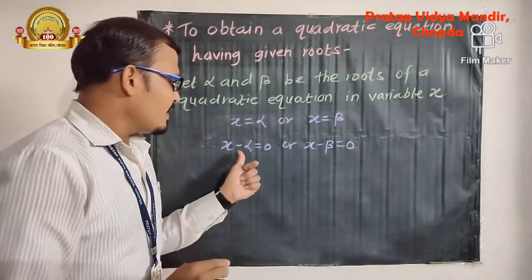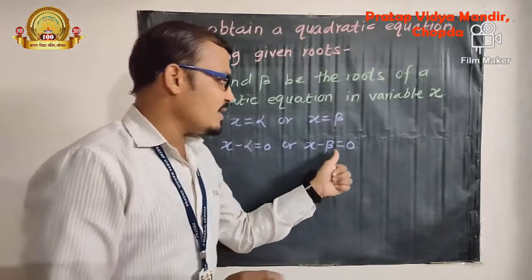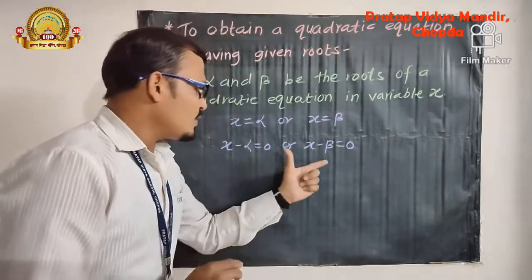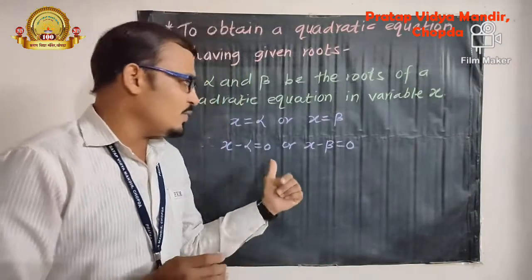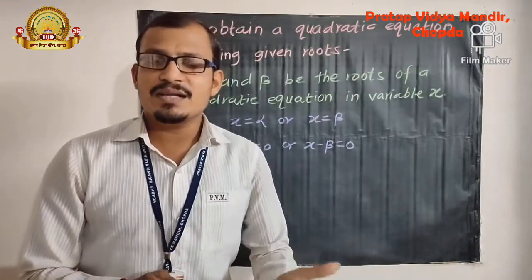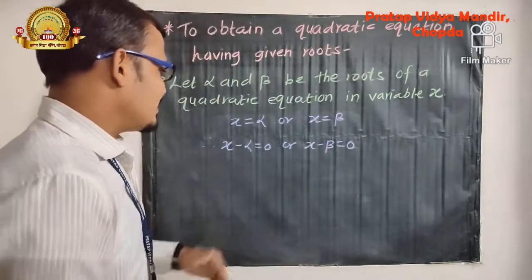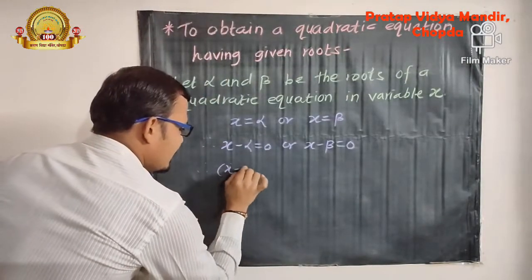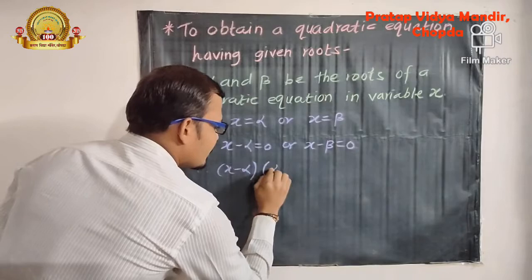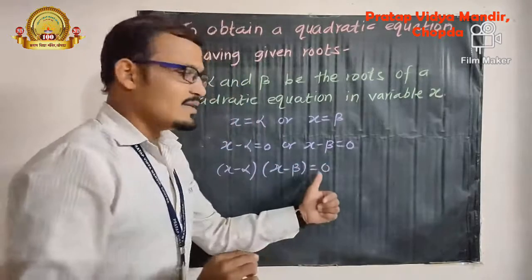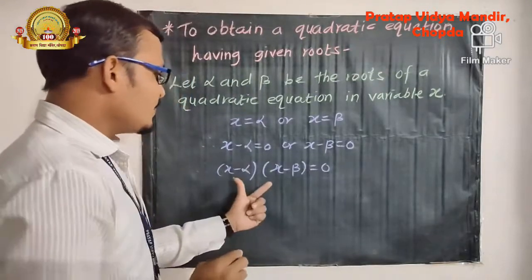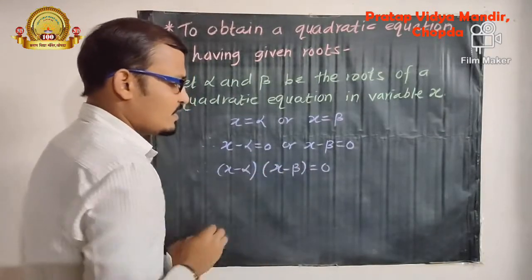Friends, here x minus alpha is equal to 0 or x minus beta is equal to 0. Both are 0, and when both equations are 0, then their multiplication will also be 0. So let us take their multiplication, x minus alpha into x minus beta, is equal to 0.